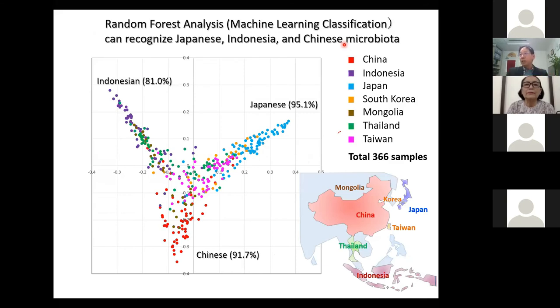Actually, we get much more information imprinted in the gut microbiota of children living in these countries.